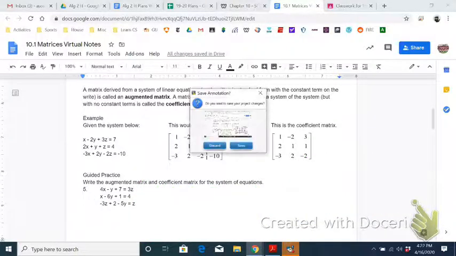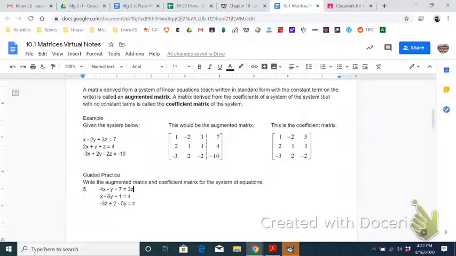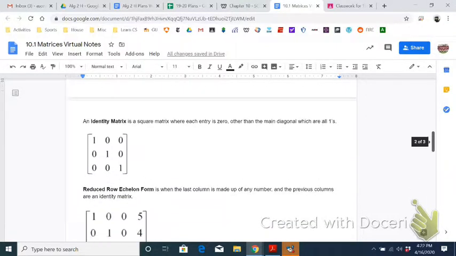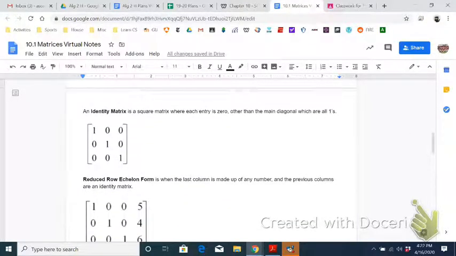Alright, now let's look at a couple more things and then we'll solve the system. Alright, so some vocab. An identity matrix is a square matrix, so it's got to be a 2 by 2 or a 3 by 3, where each entry is 0, and the main diagonal entries are all 1s. So that's what a 3 by 3 identity matrix looks like. This would be the main diagonal from one corner to the other, and then everything else is just zeros.